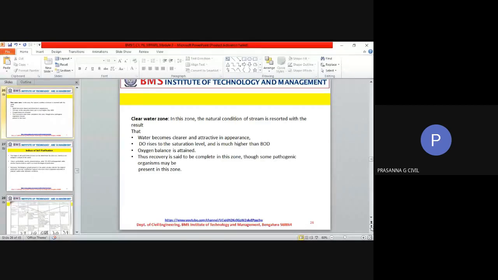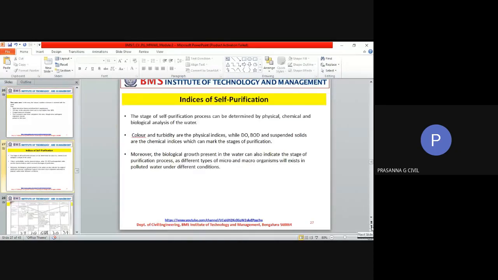So the purification process involves physical, chemical, and biological factors. And if we are able to test these factors, we will be able to find out the exact condition of the water at a particular stage. During these stages, a river or a stream will be going through various phases.